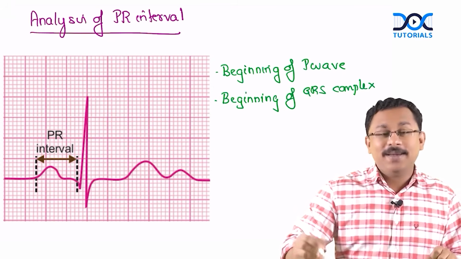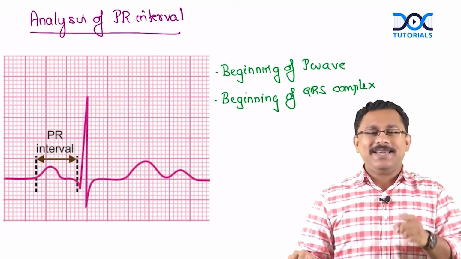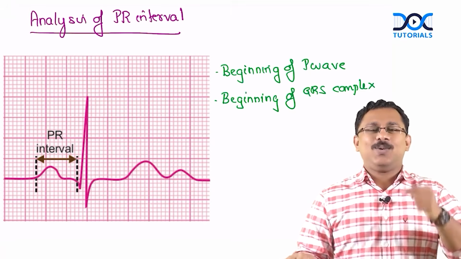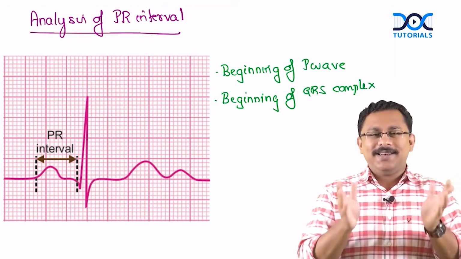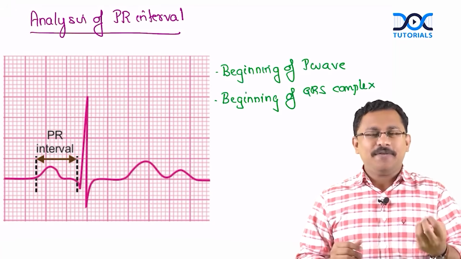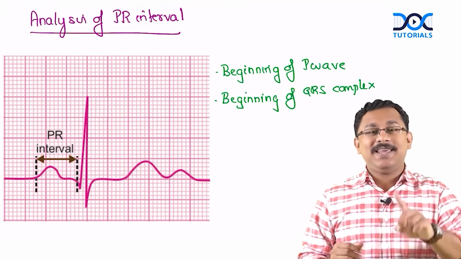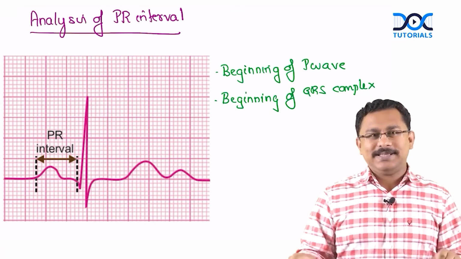When I say the beginning of the QRS complex, it means the beginning of ventricular depolarization. So the PR interval is the time between the beginning of atrial depolarization and the beginning of ventricular depolarization.